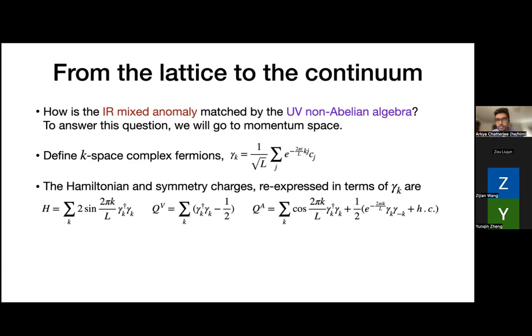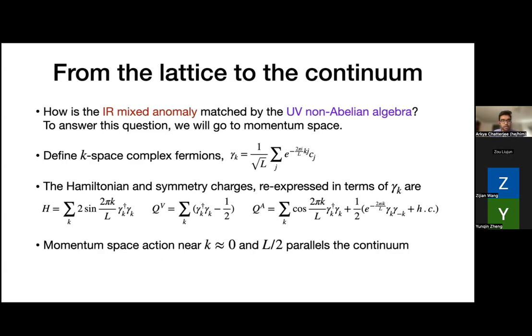They have these expressions, which are not very important themselves, but I want to highlight how these symmetries act near the low energy modes, which are, as we said, near k equals 0 and L over 2.